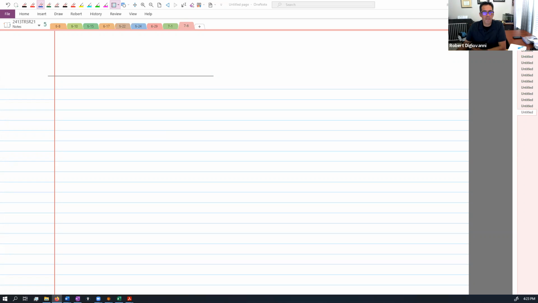There we go. 1, 3. Okay, here's the function: x over x squared minus 4x plus 2. I want you to find the absolute maximum and minimum values of that function on the interval 1, 3.